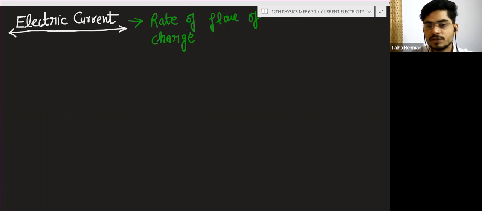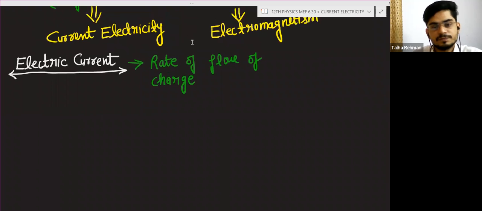Like you can relate it with rate of change of velocity, that is acceleration. Rate of change of displacement, that is velocity. Rate of change of momentum, that is force. Same is the case here: the rate of flow of charge. Rate is always related with time.